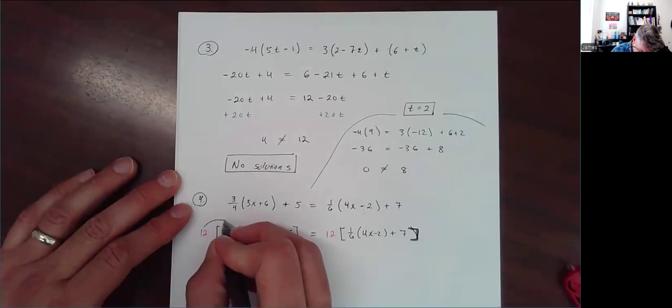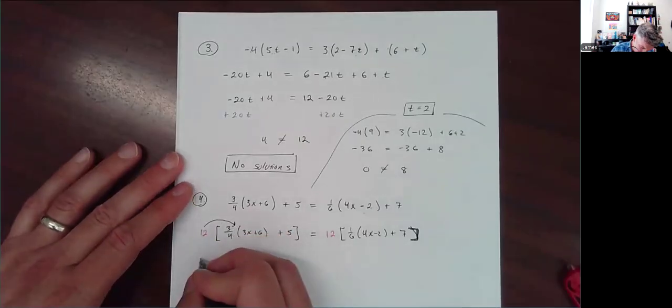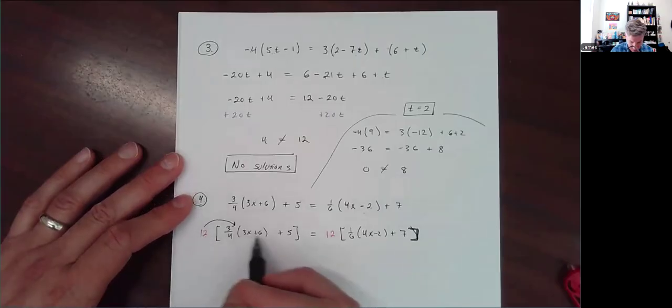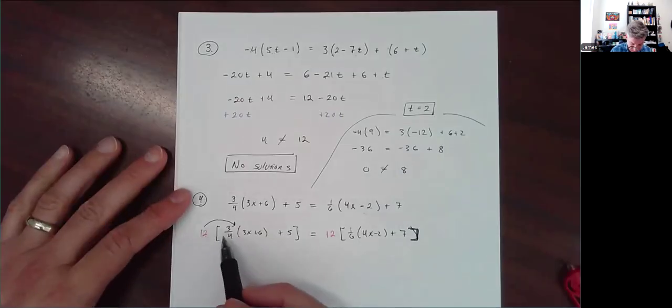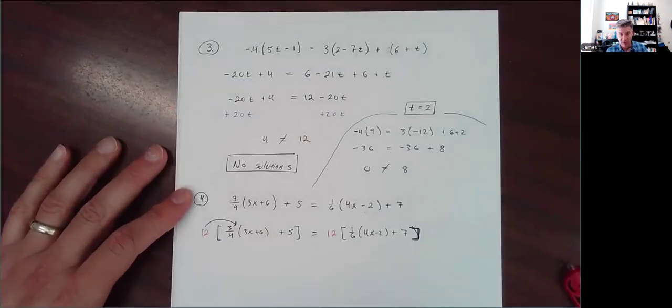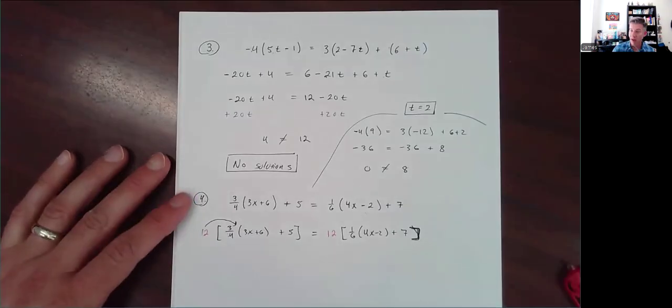So the 12 distributes to the first term, which is 3/4 times 3x plus 6. And the whole point of this is that when you multiply three things together, you can pick any two of them to multiply first. I'm going to multiply 12 times 3/4. 12 times 3/4 is 36/4, but really what I should do is cancel one of the 4s, or divide one of the 4s.